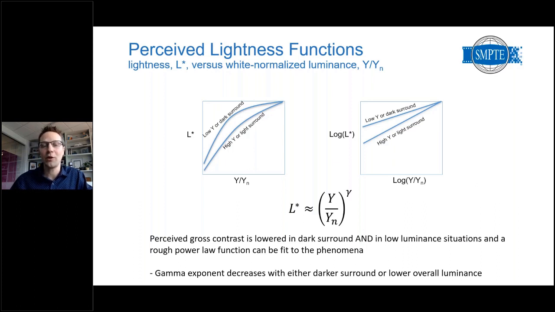Though I am always careful to point out, note how in the shadows on the figure on the left, the slope is actually a little bit steeper. It's actually easier to see shadow details when you're looking at imagery in a dark surround or with a low adaptation white. And a lot of people forget that when they try to simply communicate the overall apparent contrast. It is a distributed contrast change. The highlights, the gross contrast is lowered in dark surround and low white luminance, but the shadows are actually stretched out a bit. You can see a little bit better.